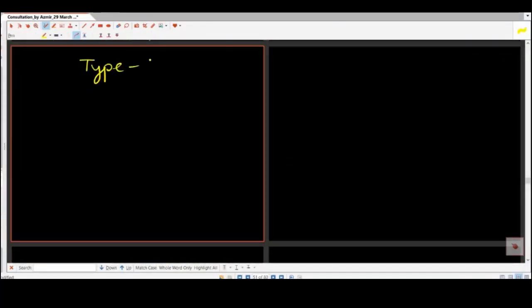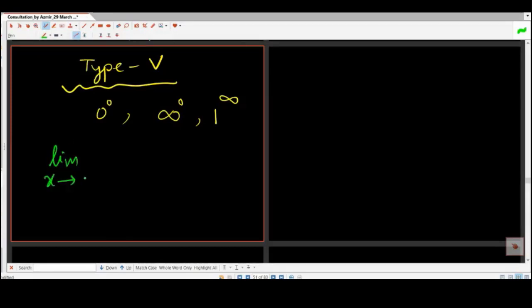So let's talk about type 5. We may have 0 power 0, infinity power 0, 1 to the infinity. So what is the general form? Suppose we are going to evaluate the limit of f of x to the g of x.